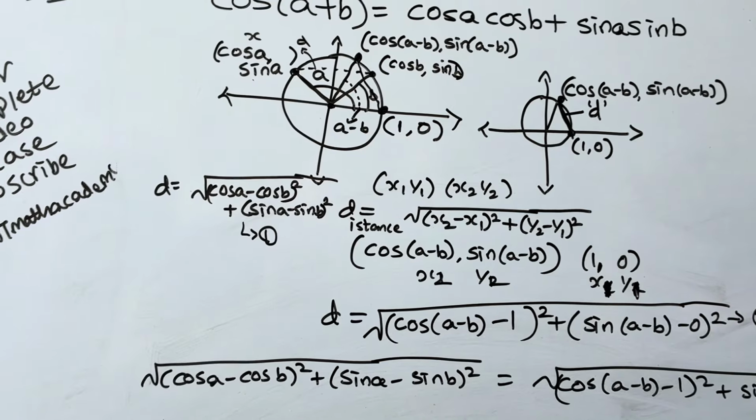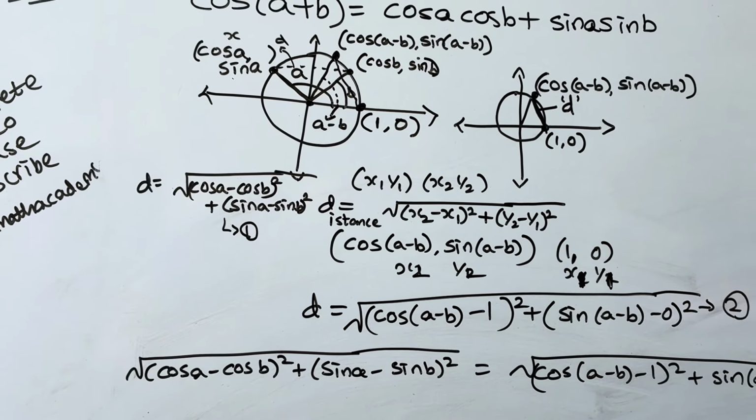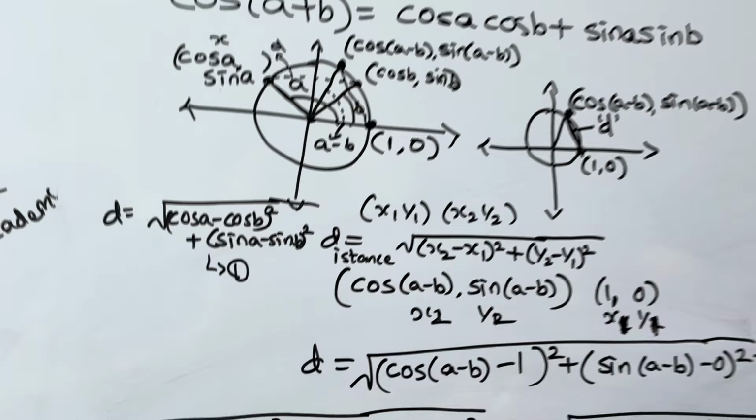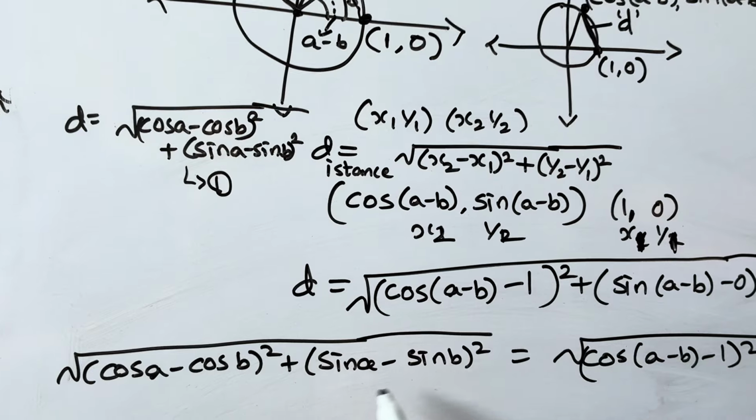So now I'm going to apply squaring on both sides in order to remove the square root.